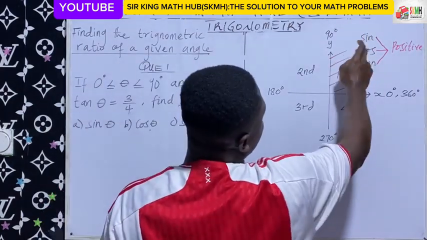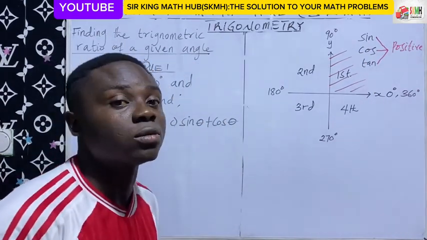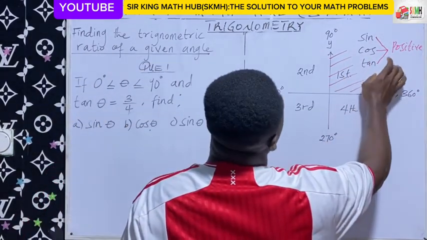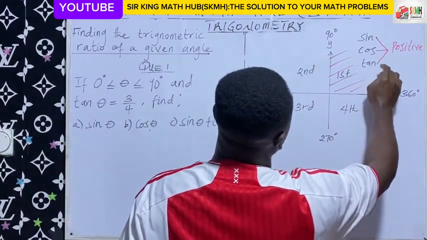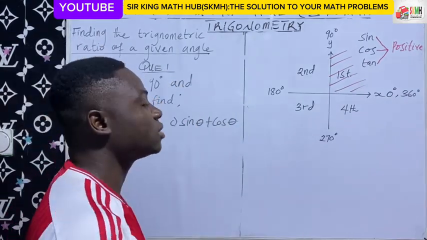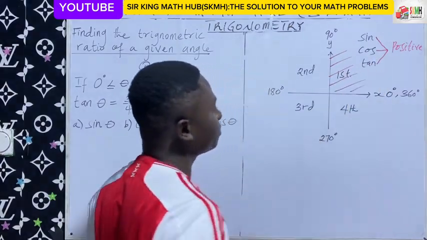The sine, cos, and the tangent, they are all positive. For now, we are focusing on core maths, and most of the questions are directed to the first quadrant. So anytime you hear about the first quadrant, you should know we are talking about this region here.